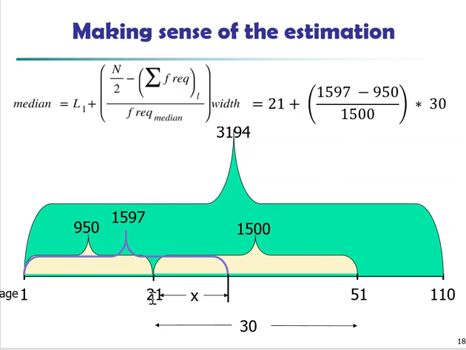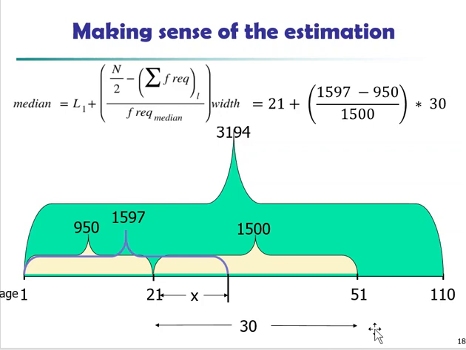If the individuals within this range are uniformly distributed, then the proportion of this x to 1500 has to be the same as the proportion of the age difference we're trying to find to 30.